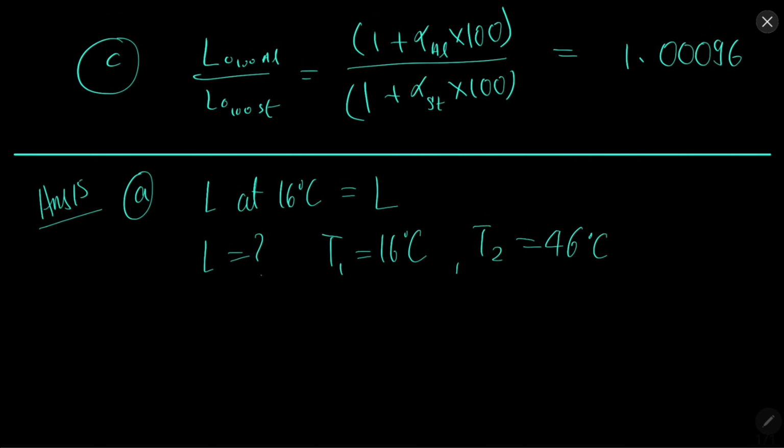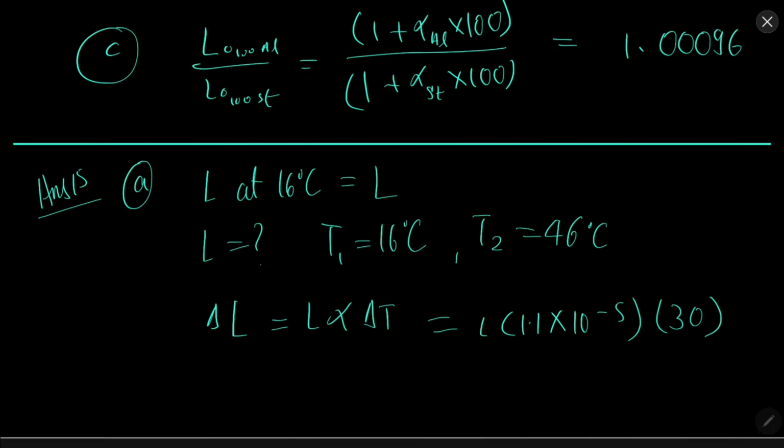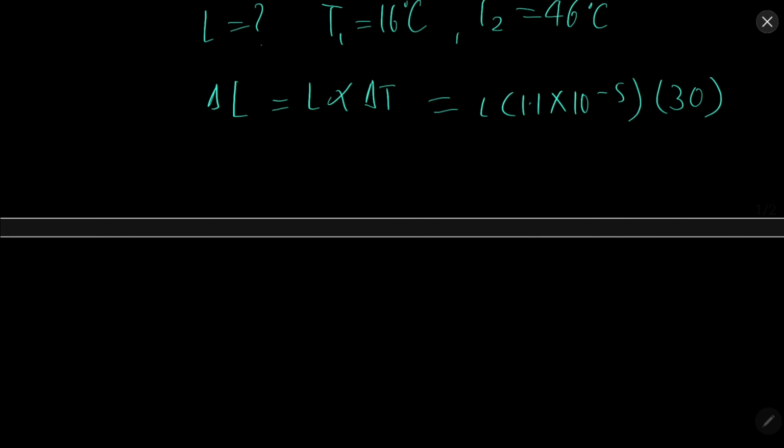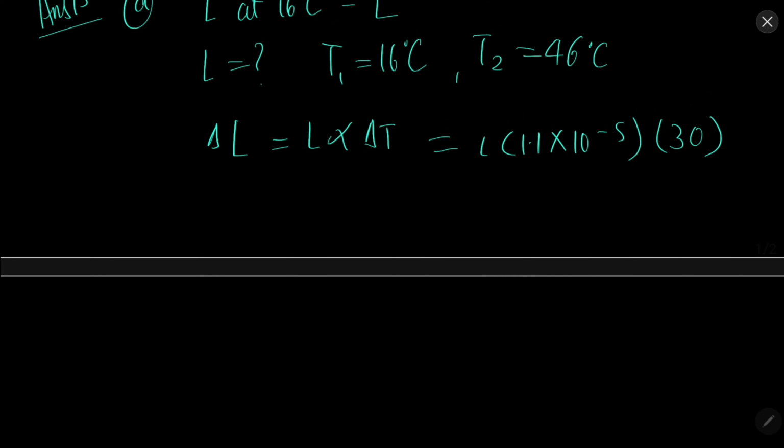So let's put everything. Del L equal to L alpha del T. So from this, L 1.1 into 10 to the power minus 5 into temperature difference of 30 degrees, 46 minus 16.